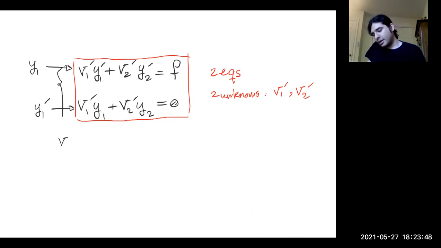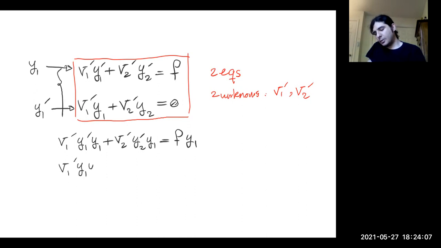I would get v1 prime y1 prime y1 plus v2 prime y2 prime y1 equals f y1. And then the second equation, if I multiply it by y1 prime, would be v1 prime y1 y1 prime plus v2 prime y2 y1 prime equals 0.